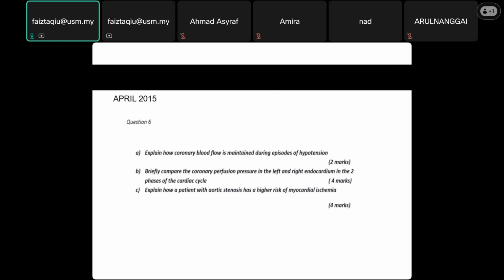So that's why you have to know which is right side dominant, left side dominant. Right side dominant of course supplies a little bit more of your left side structures kan. Typically patient yang right side dia akan dapat problems, dapat arrhythmia or macam tu.